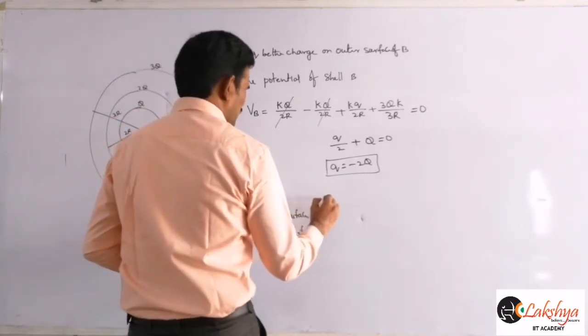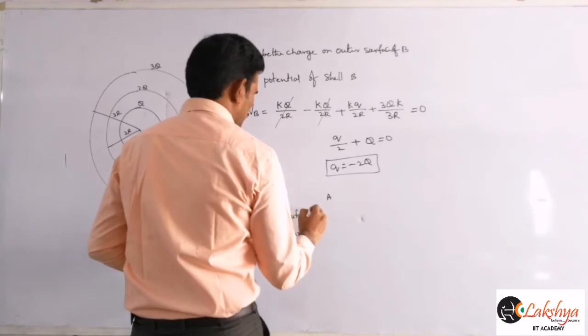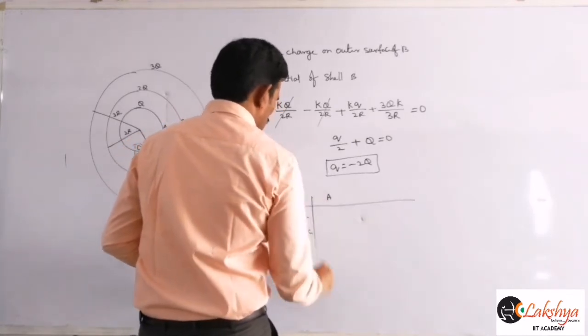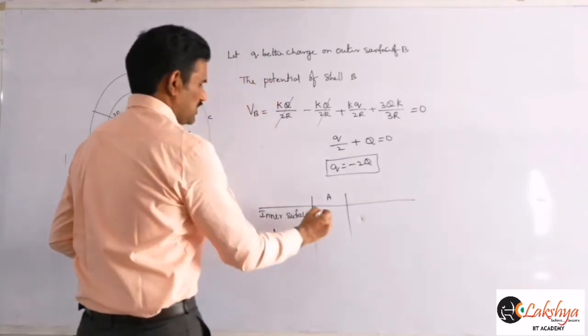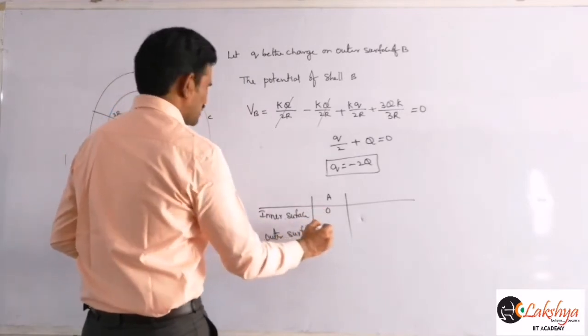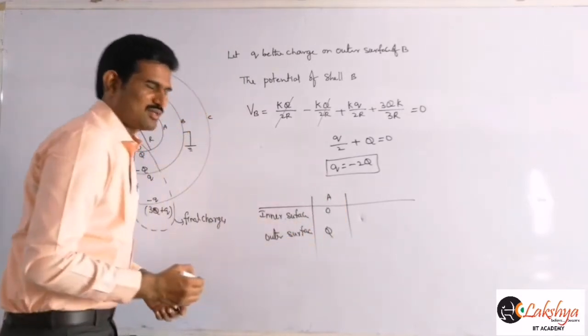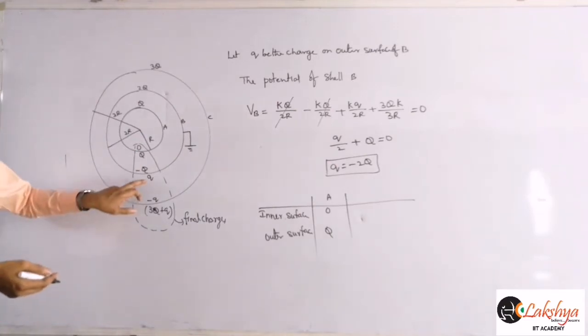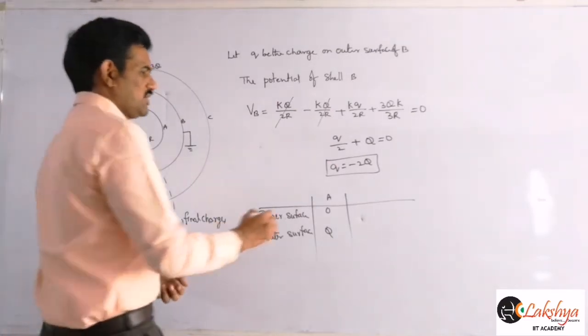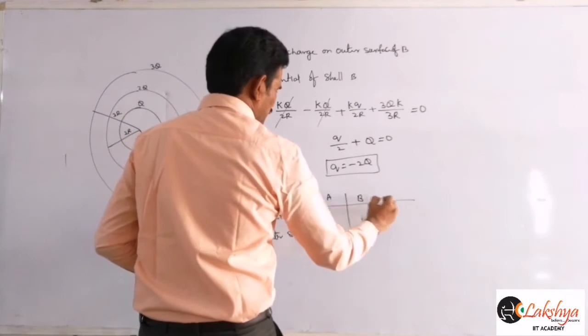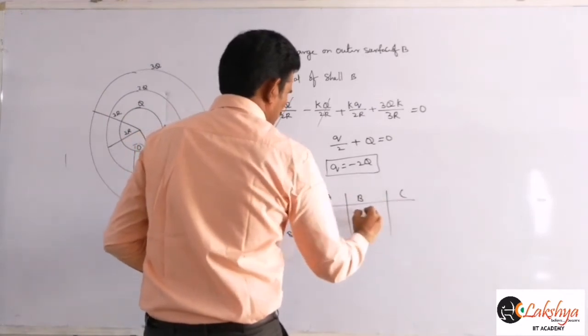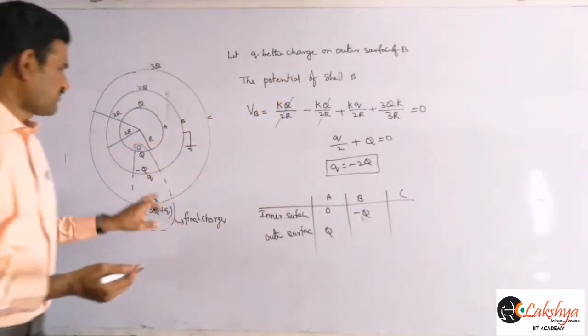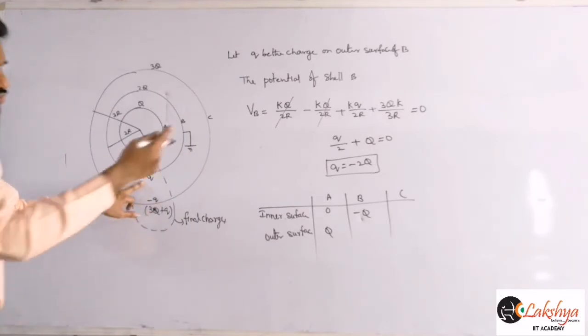Now for example, if I write for A, inner surface of A will be 0 and outer surface will be Q. Final charges I am writing here, right? And next for B, inner surface will be minus Q and outer surface will be this minus 2Q.